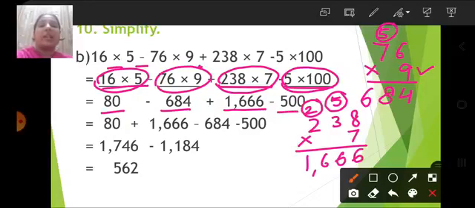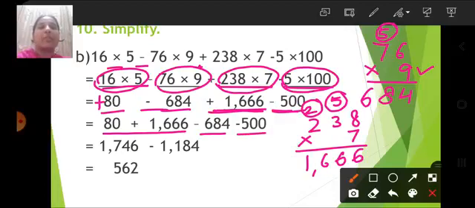Now we will bring together the numbers which have similar signs. So here 80 is having a plus sign, and this 1666 is having a plus sign. So we will bring them together, and the minus signs we will bring together. So minus 684 minus 500. Okay, and now we will just add.